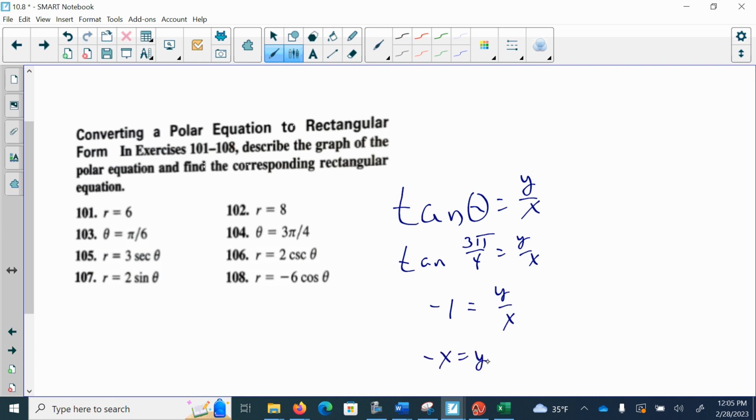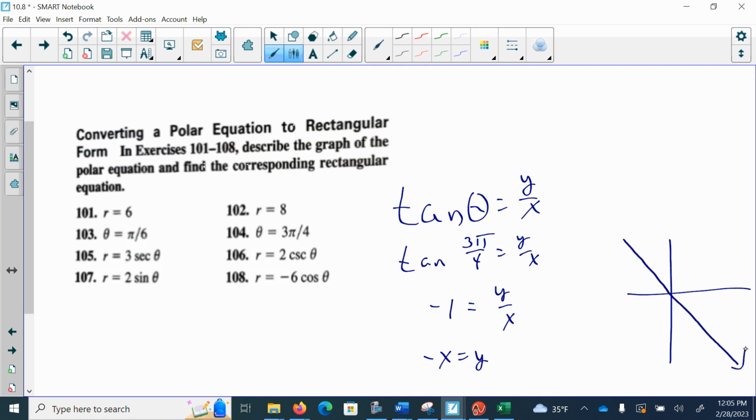If I were to ask you to graph that, what would that look like? Line. Going up or going down? Going down. So it's a line that goes like this, right?